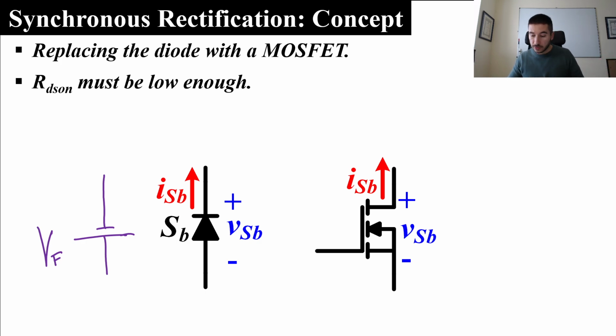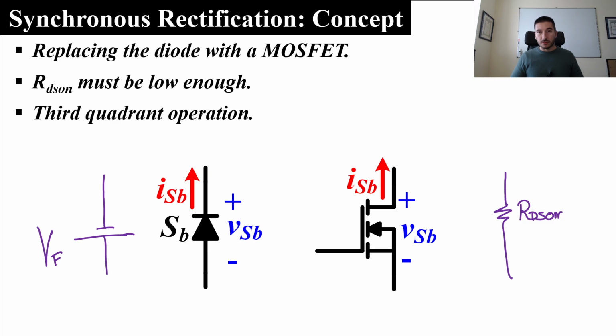When we use a MOSFET, we have its on-resistance, and basically the idea is that the power consumed in this resistor must be lower than the power consumed in the constant voltage source of the diode. So basically that is the idea.